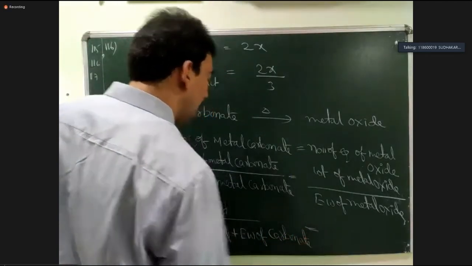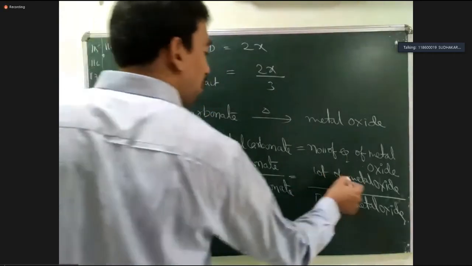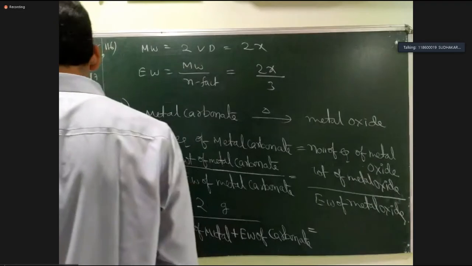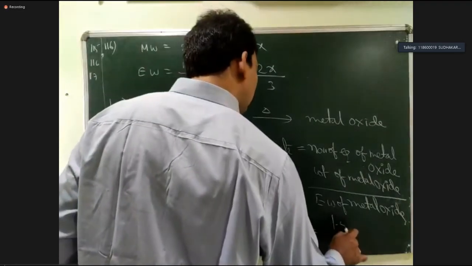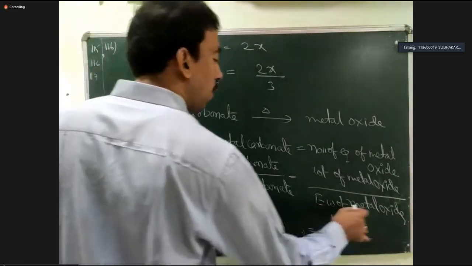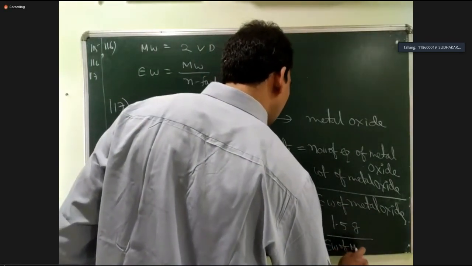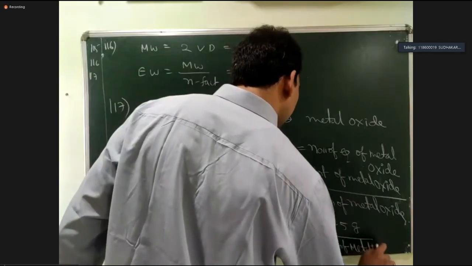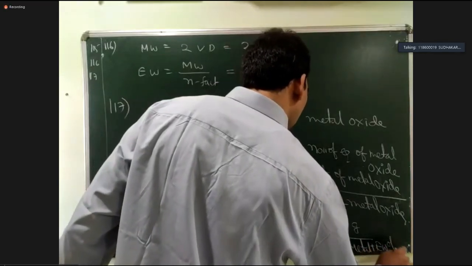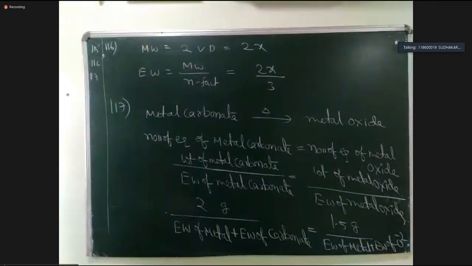I'm writing very elaborately. Now, how much mass of metal oxide is formed? 1.5 grams of metal oxide is formed. Again, the equivalent weight of metal oxide means the equivalent weight of metal plus the equivalent weight of oxide. I'm writing O minus 2 instead of oxide, which is nothing but oxide.